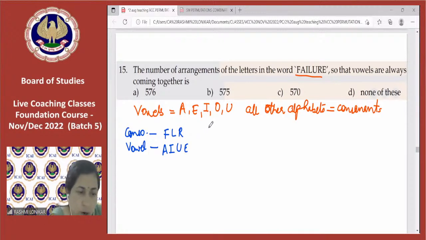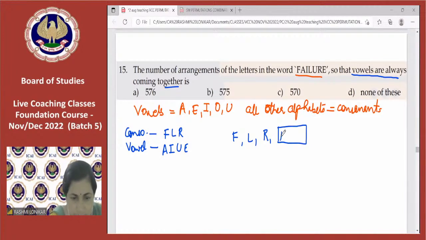Okay, so you have to pay attention to the condition that they have put. What is the condition? Vowels are always coming together. So that means I have to rearrange the letters in the word such that I have F, I have L, I have R, but I have this box which contains A, I, U, and E. How many letters do I have? 1, 2, 3, and 4.